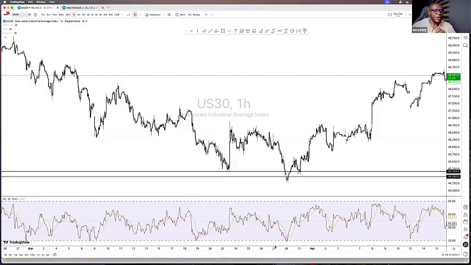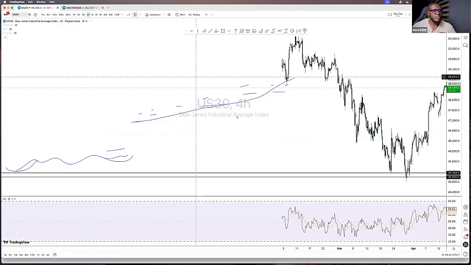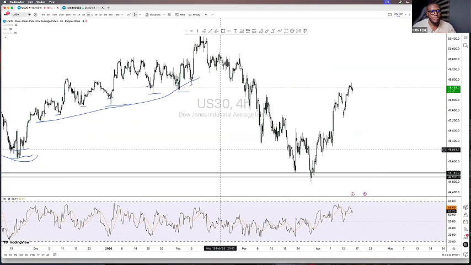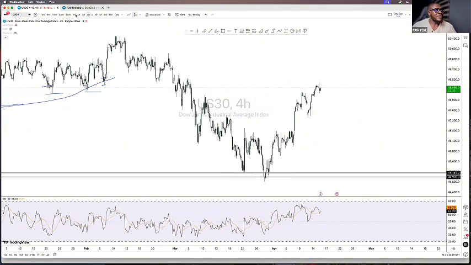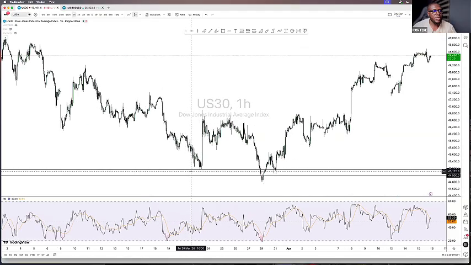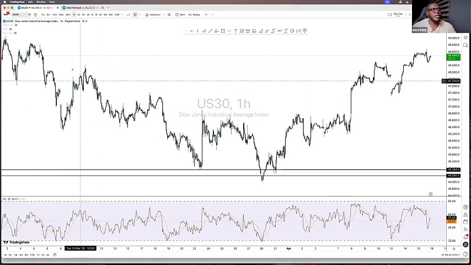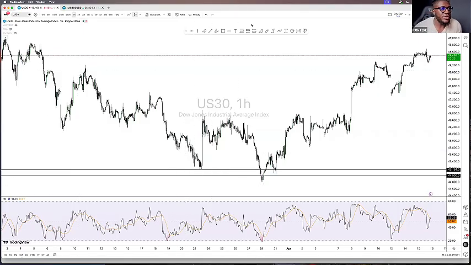Okay. Now, the next thing we want to see is something I call a divergence. Are you with me? So what a divergence is, is when the market is making the opposite of what the RSI is making. Think of it this way.